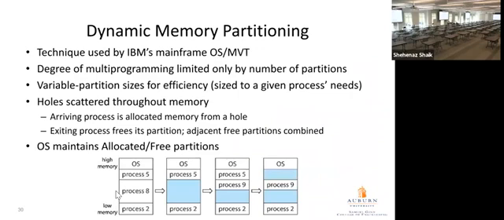Another approach of memory partitioning, using which we can overcome some of the drawbacks of static memory partitioning, is dynamic memory partitioning. Rather than predefining the number of partitions and sizes of partitions, we consider the entire memory space that is available for processes as a single whole, or a single chunk of memory.